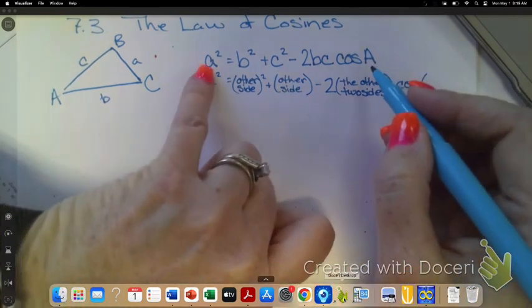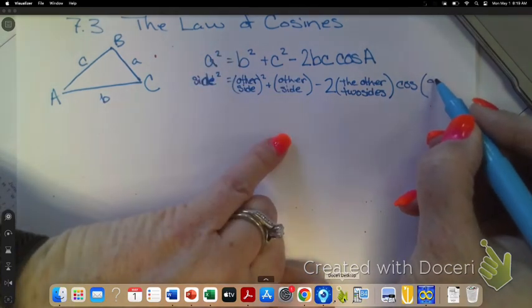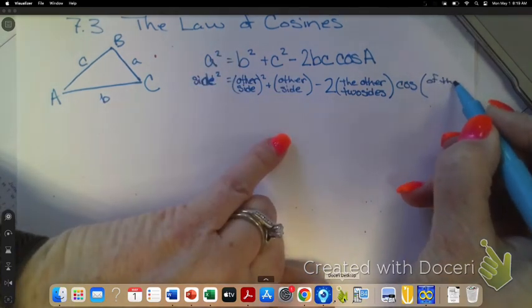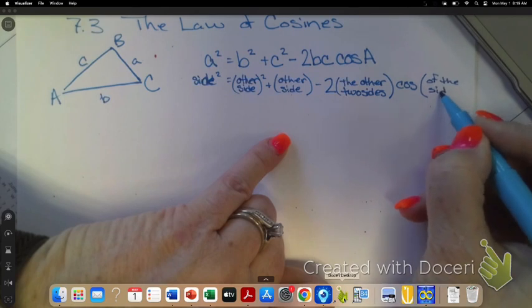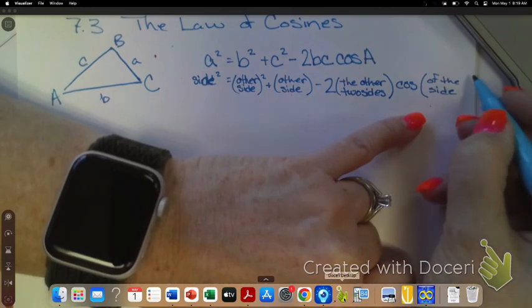Cosine of the angle. It's capital A. Right.